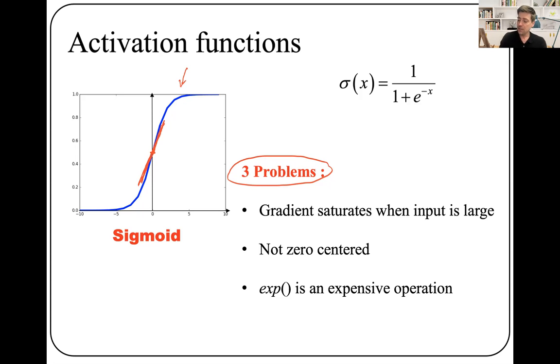Well, the problem is that if the input of the sigmoid is big, meaning a big positive value, or if we have a large negative value, we see that the slope of this function is almost 0. In fact, it goes all the way to 0 as the input goes to infinity or minus infinity.